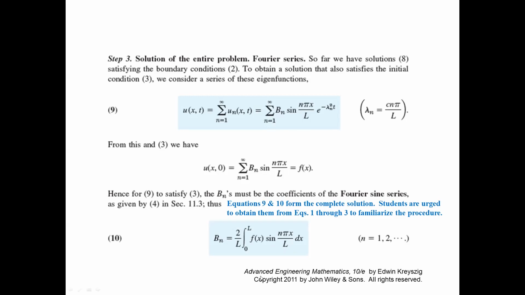So what's going to happen if we integrate this function with different eigenfunctions in this group? n can vary from 1 to 2 to 3, etc. Remember, the collection of sine n pi x over L forms an orthogonal set of functions.